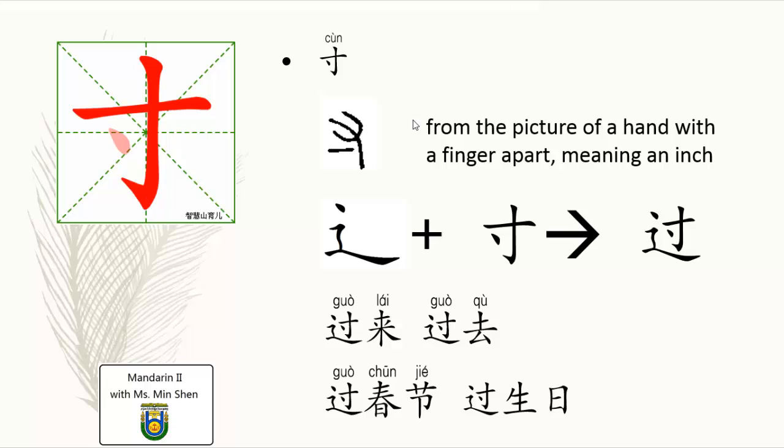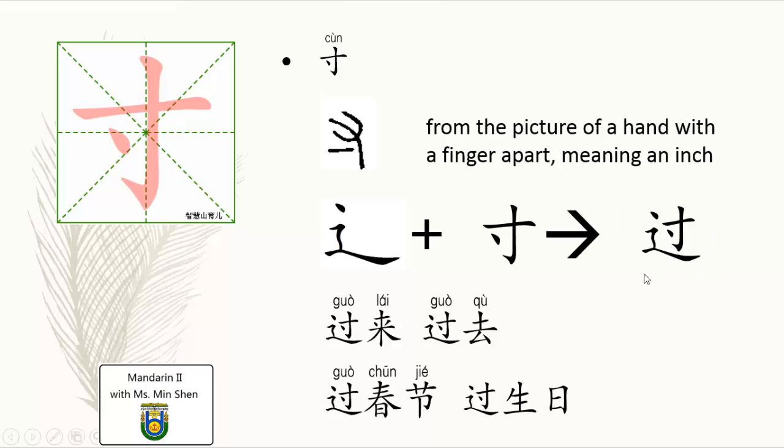And we can combine the character of 寸 together with these components we learned before. This component indicates move, commute, for example in the character of 进来的进. So the radical indicates commute together with 寸, meaning move only an inch, move a little bit.